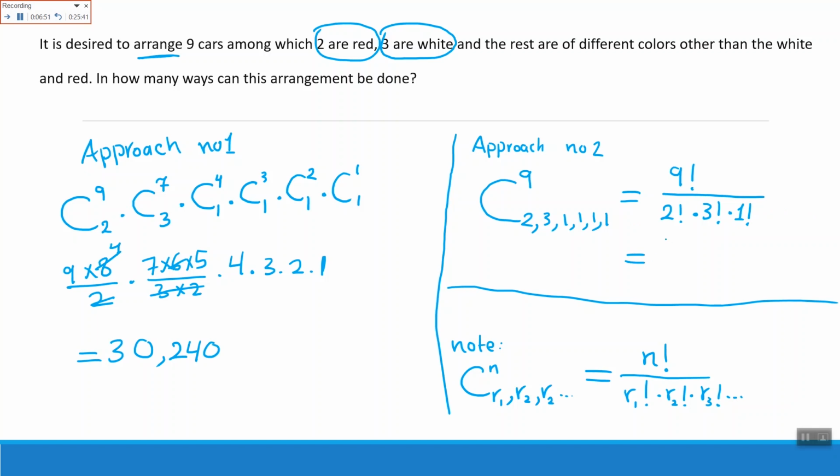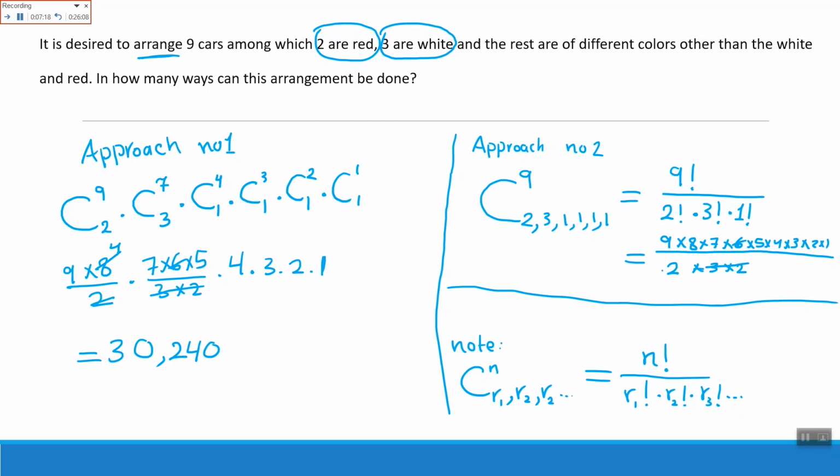So it's equal to 9 times 8 times 7 times 6 times 5 times 4 times 3 times 2 times 1 all over 2 factorial, which is 2, times 3 times 2. Look, 3 times 2 is 6.